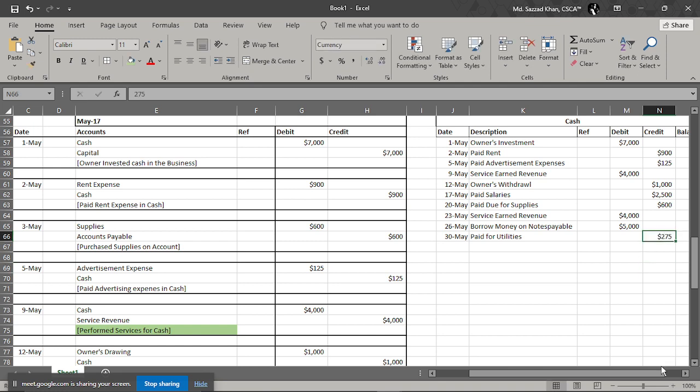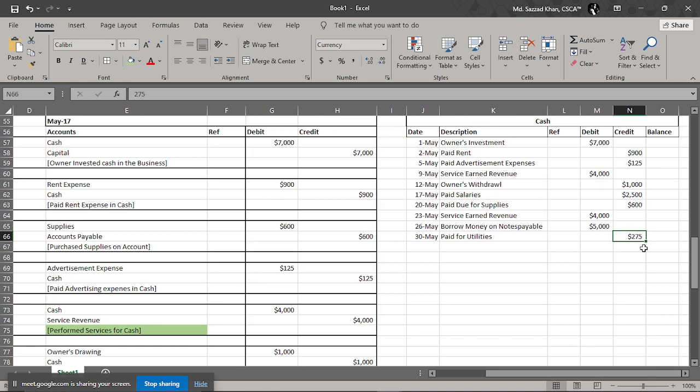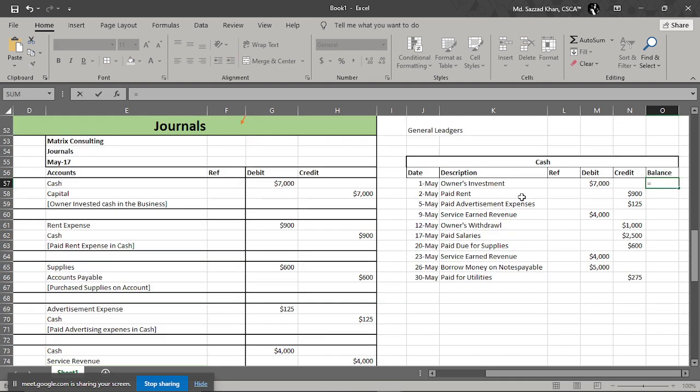Now what do we do in the balance? Balance is nothing but we write with 700. As it is a cash account and cash is under the asset, obviously asset will start from the debit balance. As we know, if we increase asset, it will be debit. If we decrease asset, it will be credit.